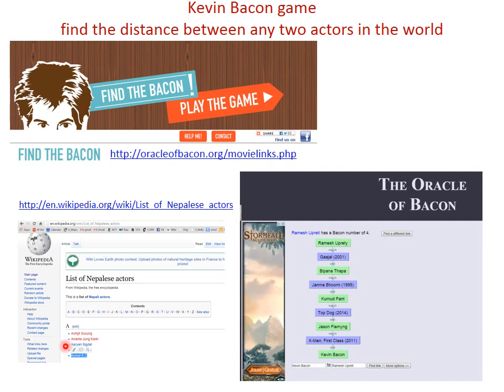I selected one of them called Ramesh Uprati, and I found, although this actor is perfectly unknown to, I guess, most people in the Western world, the distance between Ramesh Uprati and Kevin Bacon is 1, 2, 3, 4, just one more than Charlie Chaplin. This is important because it basically says that if we want to reach any individual on Earth, in any company around the world, the distance between us and them is relatively short.